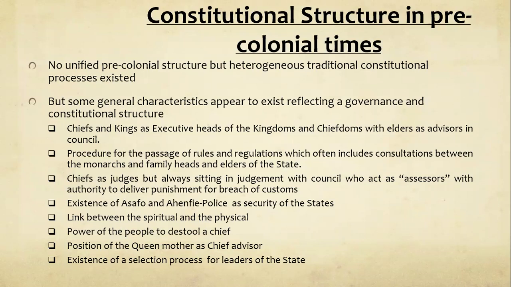We could also discern in the various traditional governance arrangements in the different ethnic groups the existence of procedure for the passage of rules and regulations, which often included consultations between the monarch and the family heads and elders of the states.